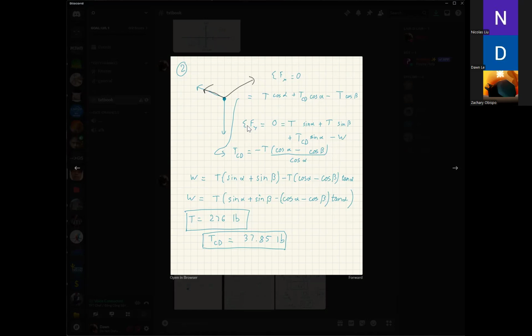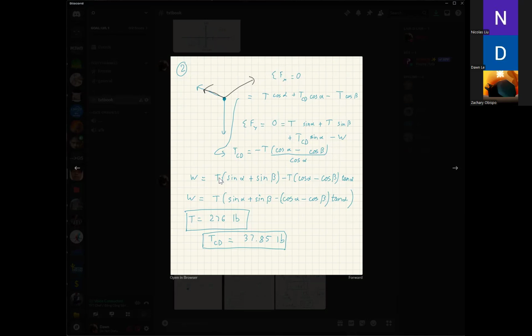From there, I derived a formula for TCD from the net force in x. After that, I worked on the net force in y. I moved the weight to the left side since it equals 0, and I replaced TCD in the equation of the net force in y.